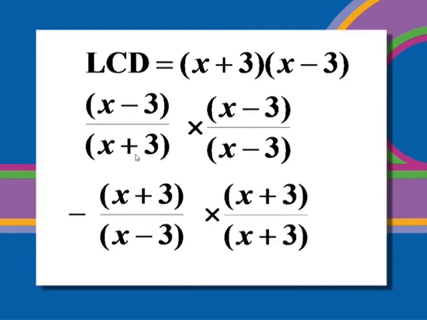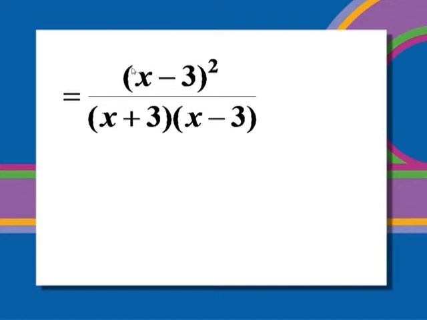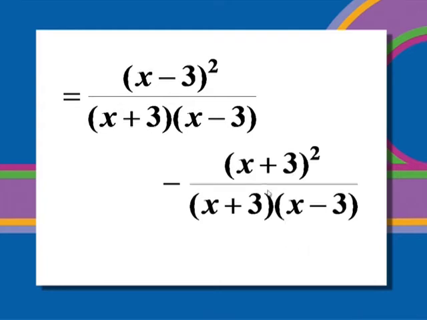Okay, now all we're going to do is combine this. So we put the x plus 3 and x minus 3 together, and here we do this as well. The two x minus 3 terms we're going to put together, and we are also going to put the x plus 3 together. Now look what happens. We've got (x - 3) all squared, divided by the LCD, subtract the (x + 3).